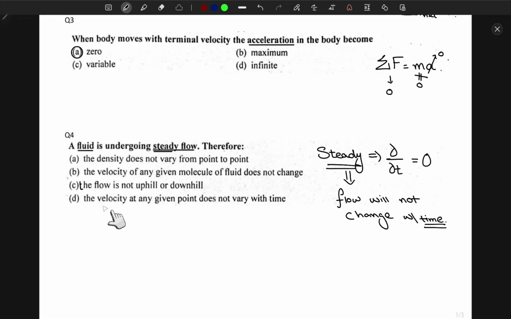So the velocity at any given point does not vary with time. So this option is more sensible compared to option B, because in this one they specifically mention that it does not change with time. Hence the correct option is option D.